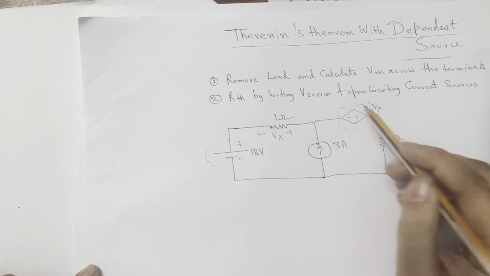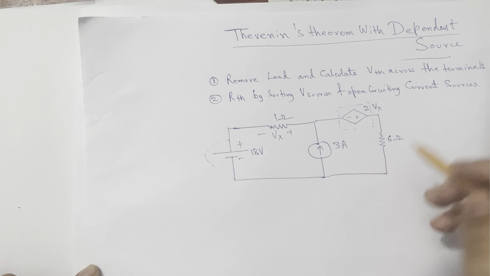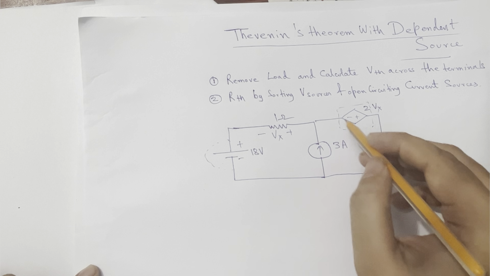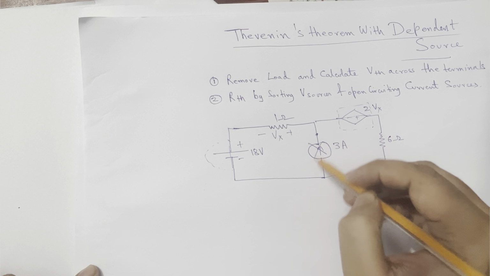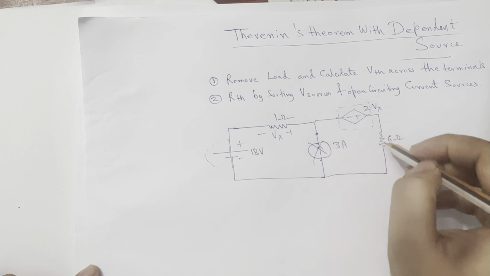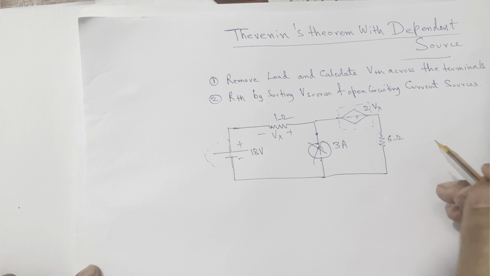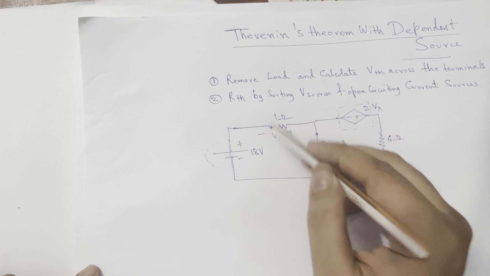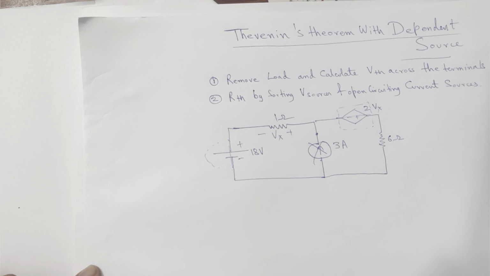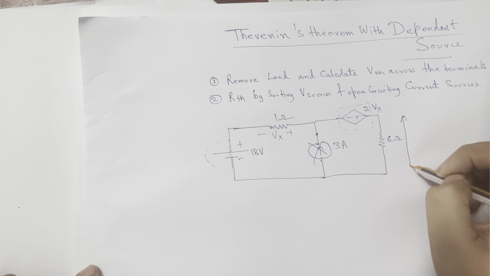If it was a normal circuit, I would have just shorted and open circuited, and calculated the resultant, which would be only this 1 ohm, the net resistance across these two terminals after removing the load.